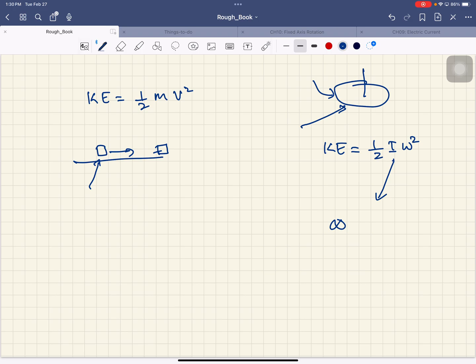If I'm spinning, my moment of inertia depends on what axis I'm spinning about. But the mass of an object is the same.